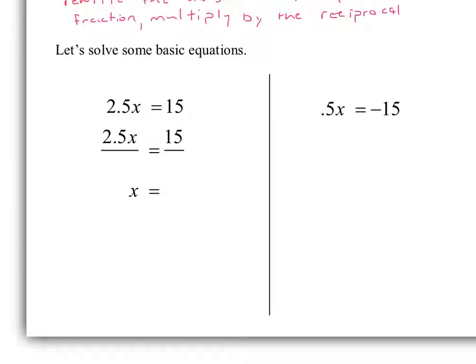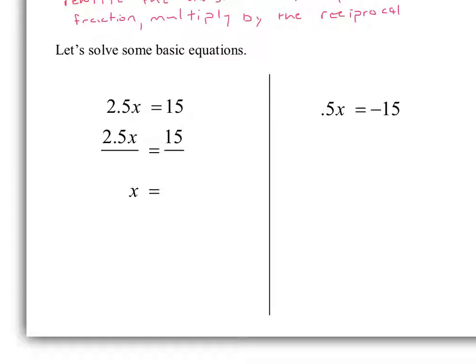Jaquan. What is our multiplicative inverse for multiplication? Sammy. Okay, so we're going to multiply by the reciprocal.